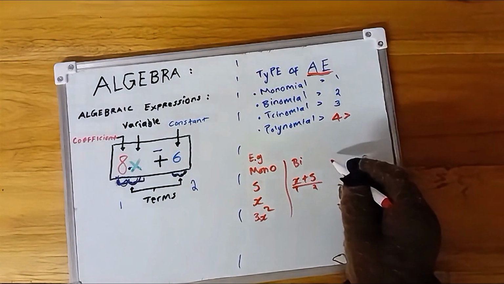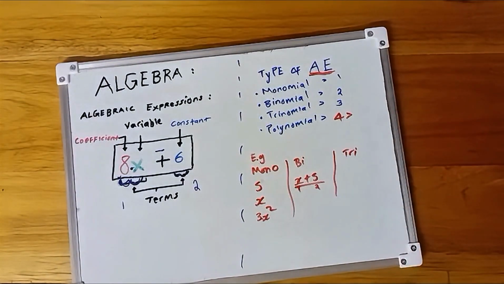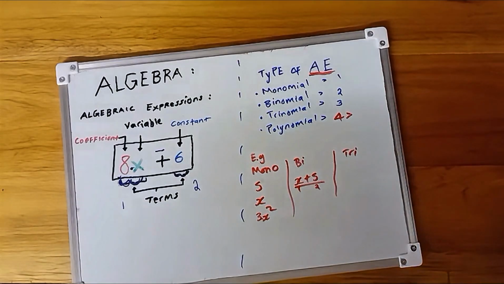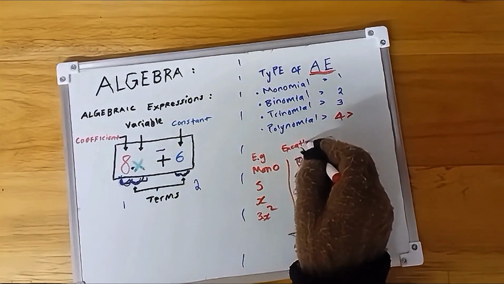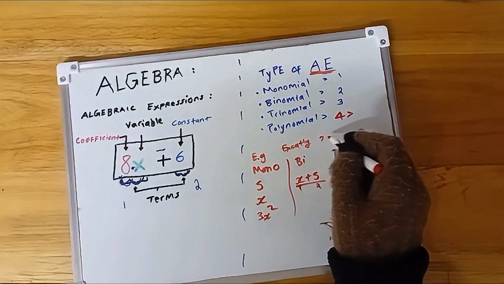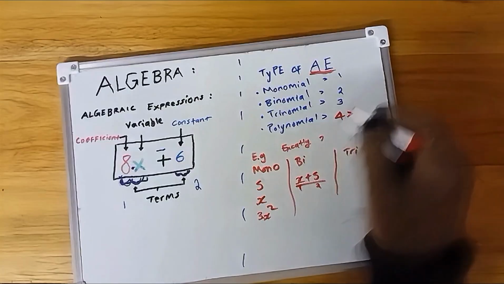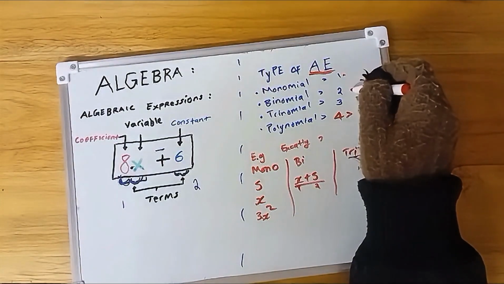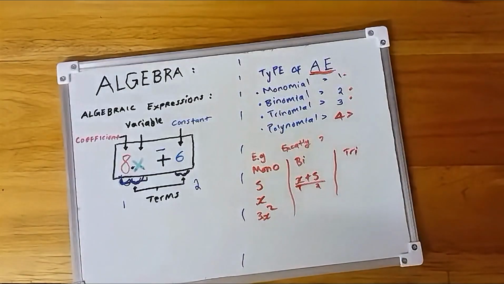So moving to trinomial. A trinomial is also an algebraic expression consisting of exactly 3 terms which are separated by a plus or minus. Again, highlight exactly. So for mono, exactly 1, for bi, exactly 2, and for this one, we are still going that side.